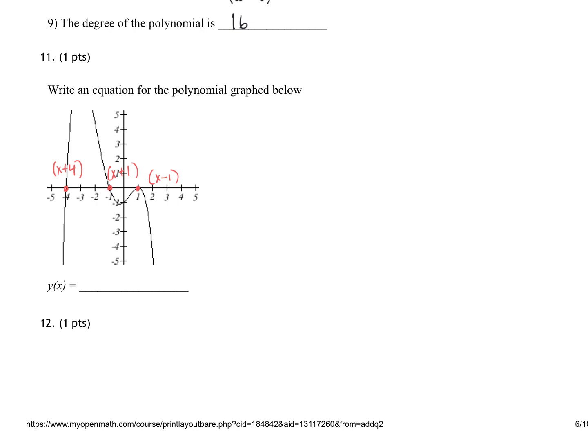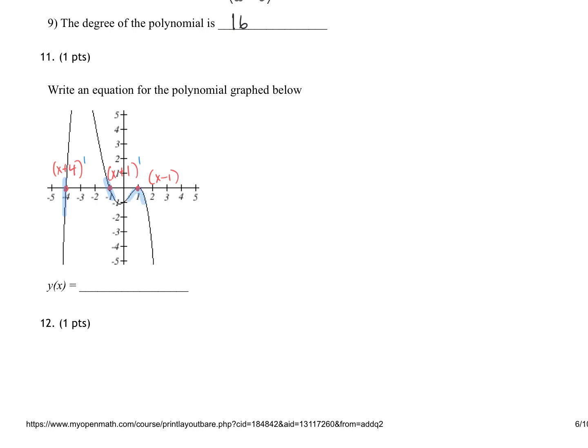Then I have to look at how it's interacting with the x-axis. At the -4, it's just crossing straight through. So the multiplicity would be an odd number. I'm going to just say 1. At the zero of -1, it's crossing straight through. Again, that means it's odd, so I'm going to use a 1 exponent. And then at 1, it's not crossing.